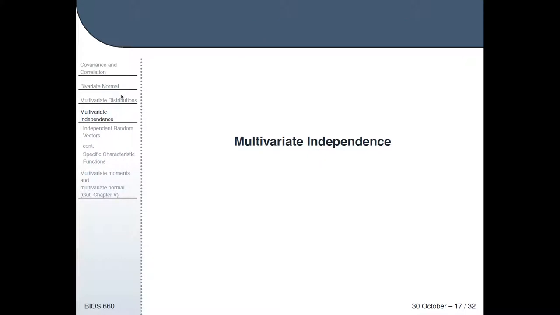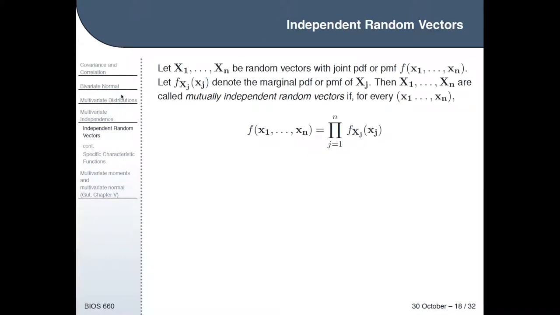Moving onward, multivariate independence. Say you have x1 up to xn random vectors with joint PDF or PMF f of x1 up to xn. We can calculate the marginals for each of these individual variables, as I discussed earlier.